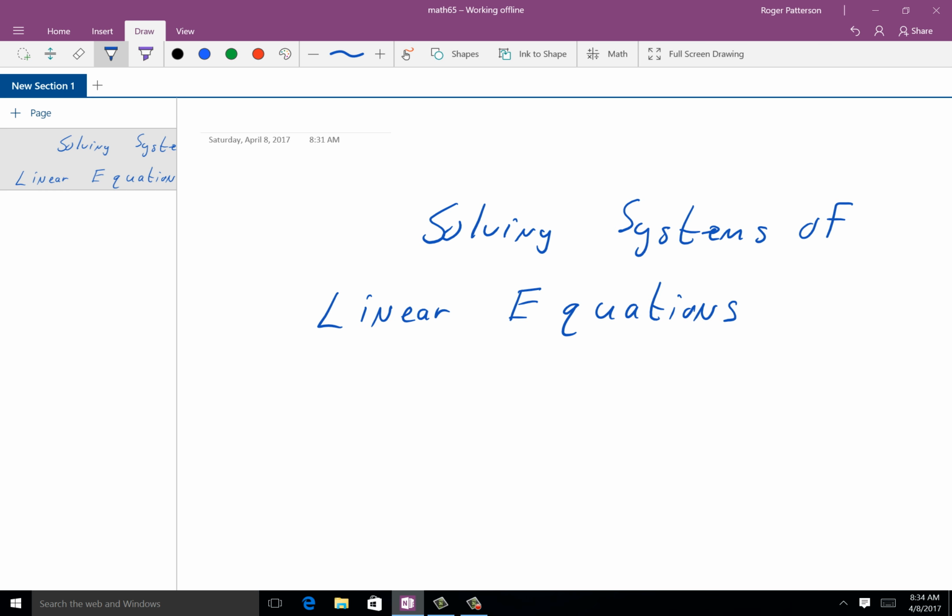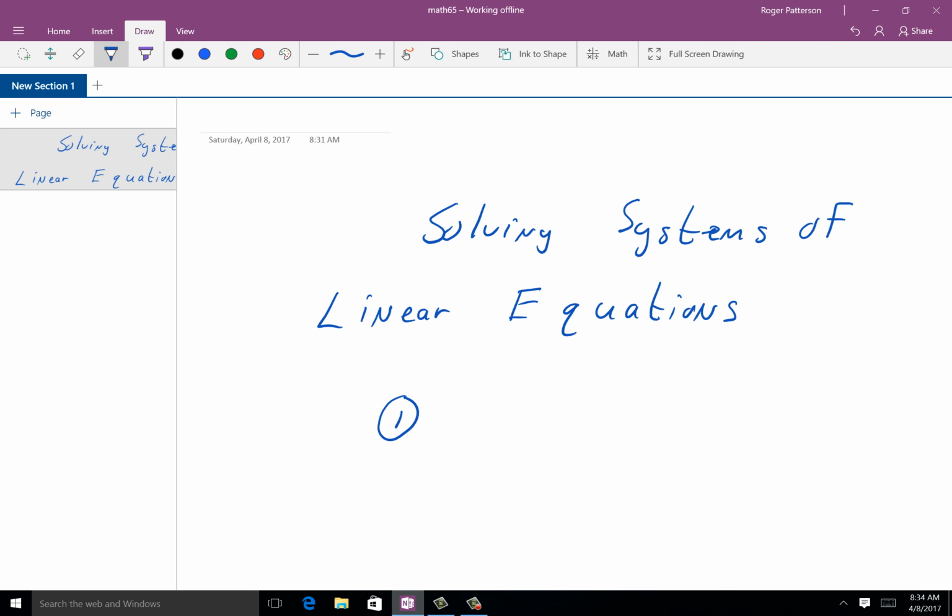Solving a system of linear equations is what we're going to talk about today. There are 4 ways to solve a system of linear equations. You're going to see 3 of them today. You probably won't see the 4th one unless you take a little bit more mathematics.